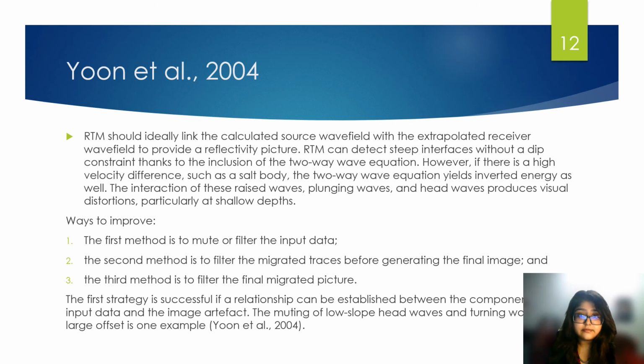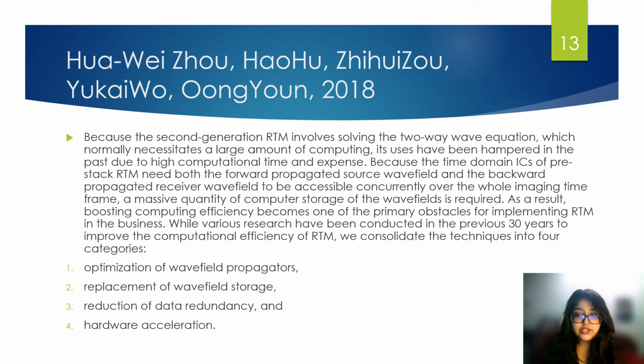Moving to the next limitation, we'll be reviewing a paper by Huawei, Hao, Zoe, Yukai, and Ong in 2018, which says that because the second generation RTM involves solving the two-way wave equation, which normally necessitates a large amount of computing, its users have been hampered in the past due to high computational time and expense.